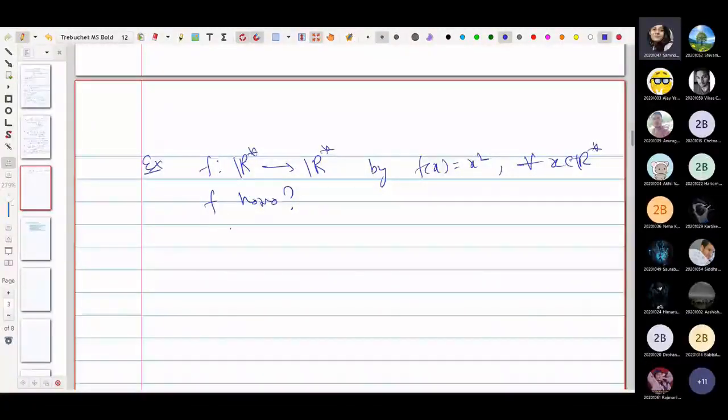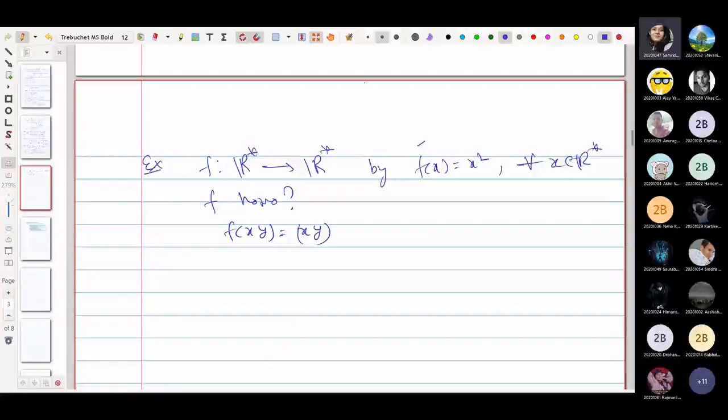For this, we need to see: let us take two elements x and y, and the product is x times y. I am taking one function from R star to R star. The same definition I will be using for another set of groups.